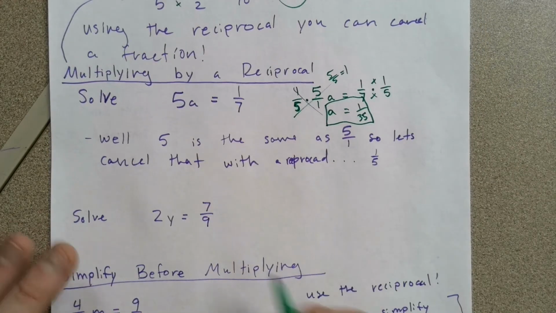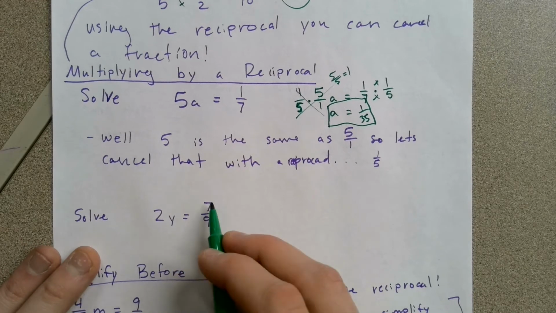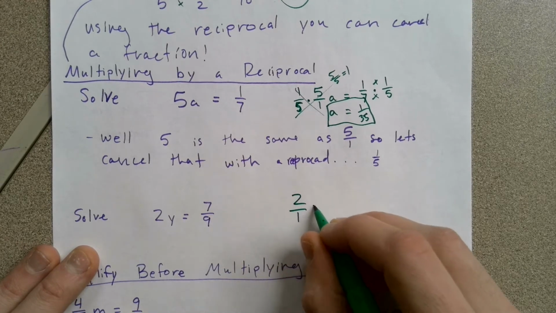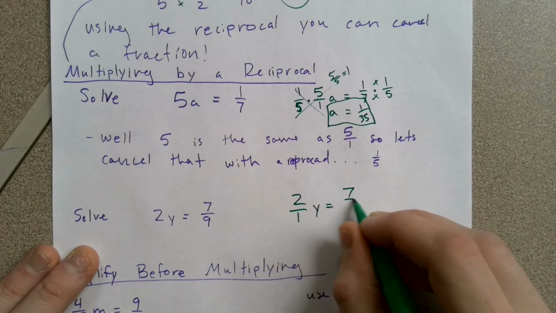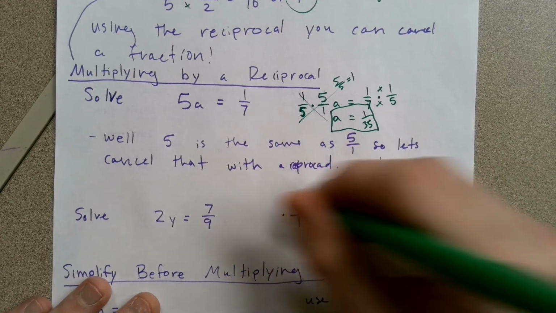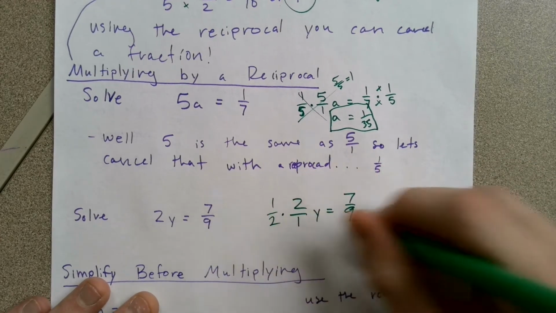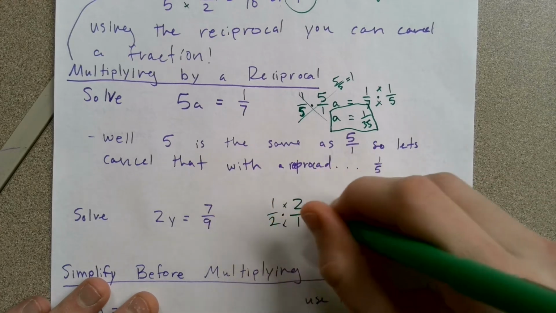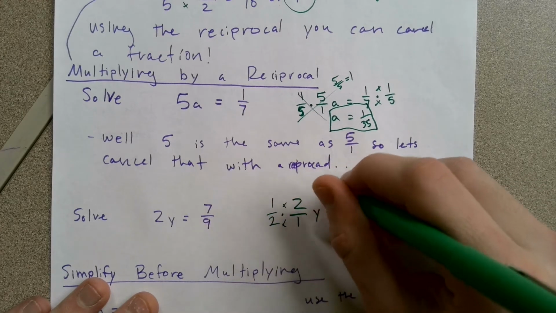Let's do one more. We've got 2y equals 7/9. I'm going to rewrite this now as 2 over 1 y equals 7/9. Okay, I'm going to multiply by the reciprocal to get y by itself. The reciprocal of 2 over 1 is going to be 1 over 2. That's going to leave behind a 2 over 2 over here, which is the same as 1.